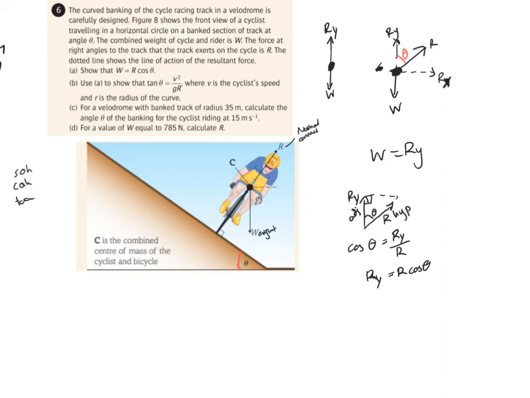Now part B is actually a really nice part, because you can use that for conical movement as well, which I'll go into in another video when we do exam questions again.